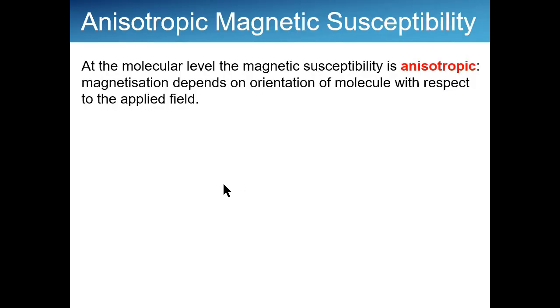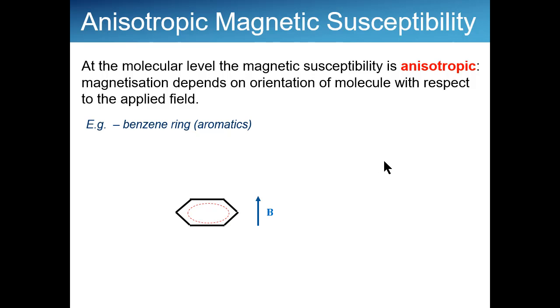It's just worth mentioning, though, that there's a complication that we gloss over sometimes, and that is that at the molecular level, magnetic susceptibility is actually anisotropic. So it means the induced magnetization depends on the orientation of the molecular structure with respect to the applied field. The simplest example to illustrate this is a benzene ring.